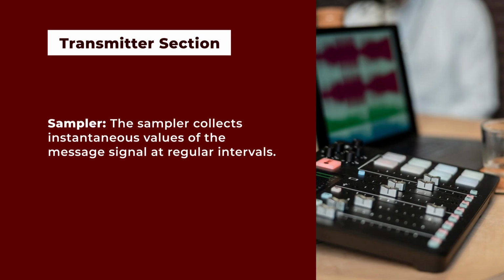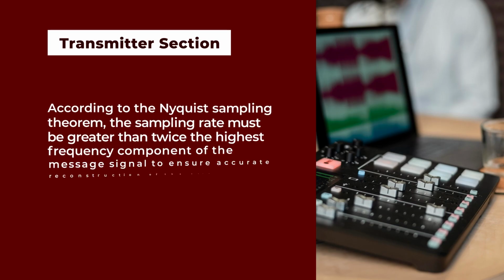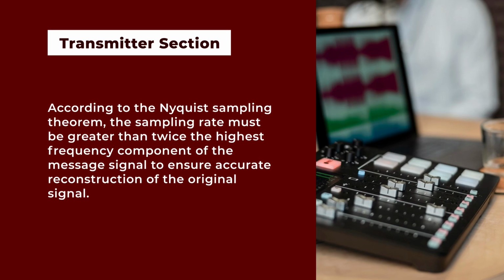The next component is the sampler. The sampler collects instantaneous values of the message signal at regular intervals. According to the Nyquist sampling theorem, the sampling rate must be greater than twice the highest frequency component of the message signal to ensure accurate reconstruction of the original signal.